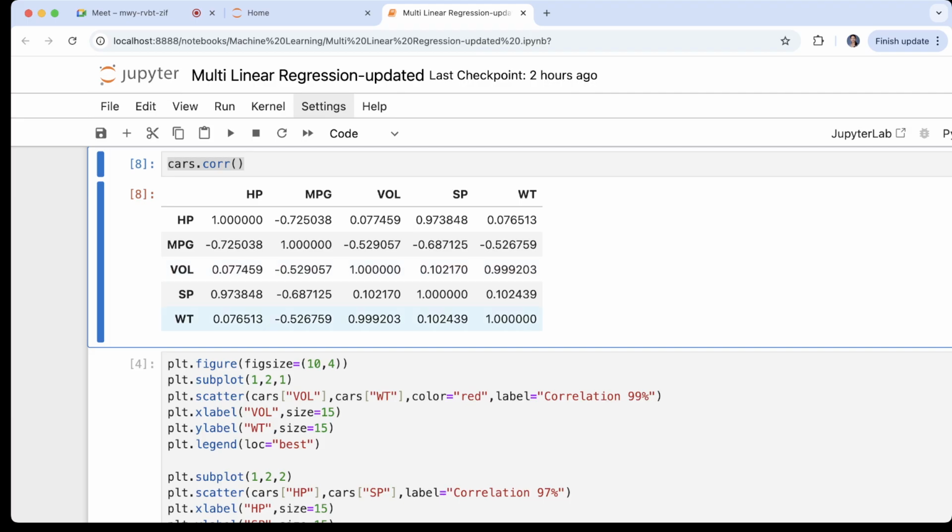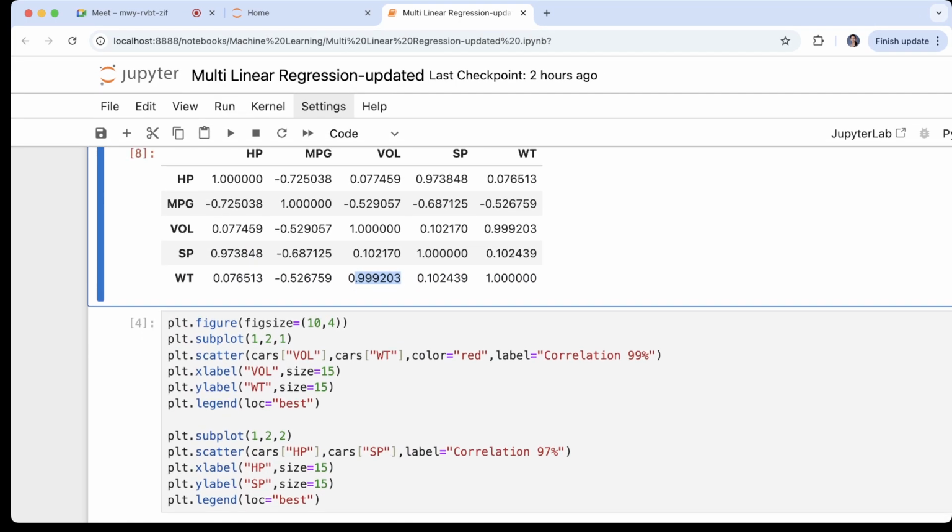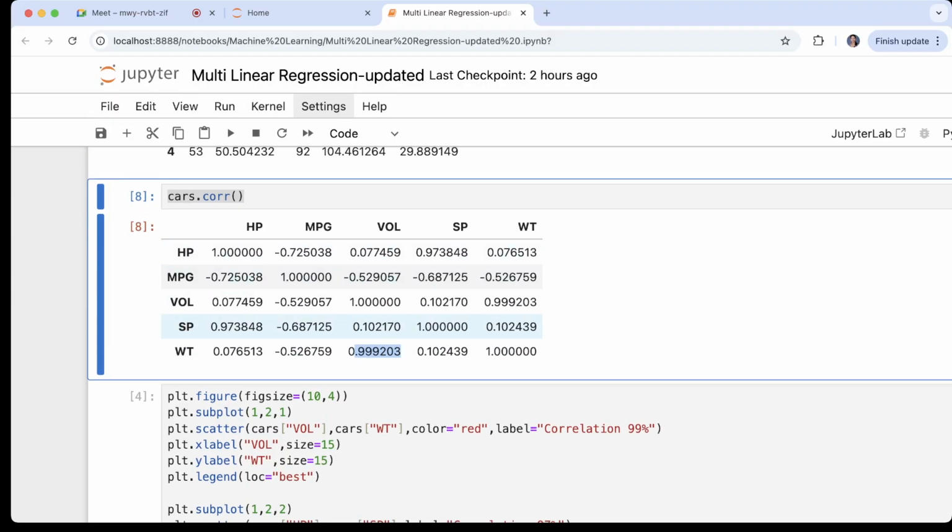Now from here, I can see that this particular value is high, almost 97%, and this particular value is high, which is 99%.